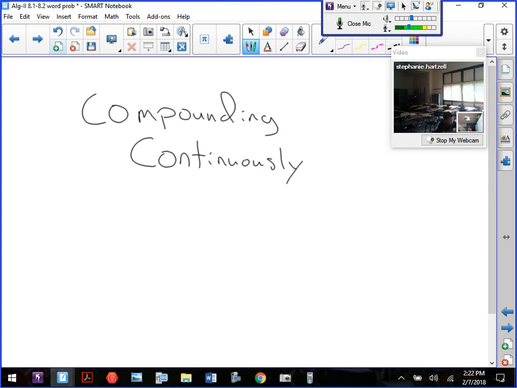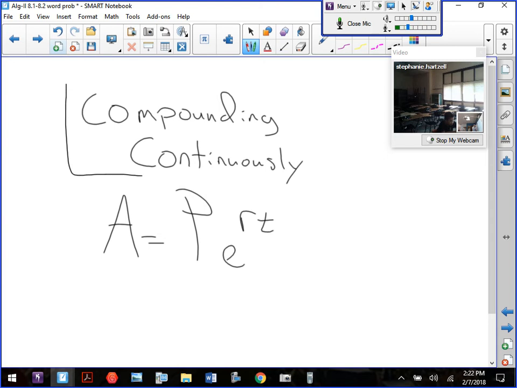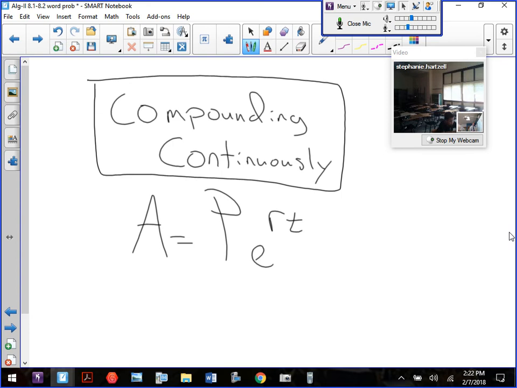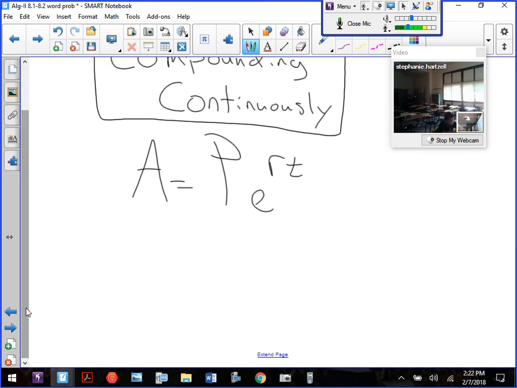If you're compounding something continuously, your amount is equal to your principal times e to the rate times time. I don't know where it is, somewhere in the back. All I'm showing you is that this is the formula.